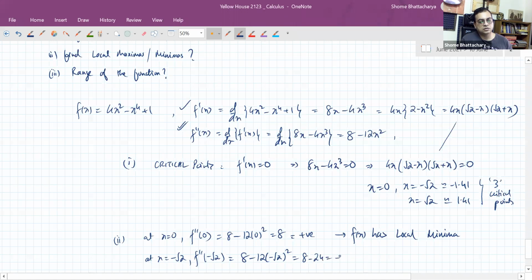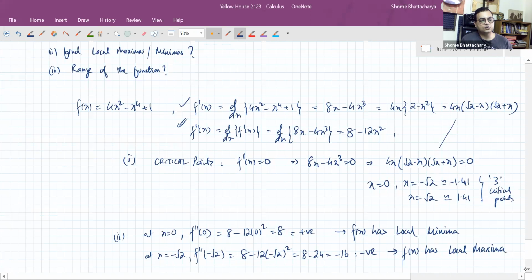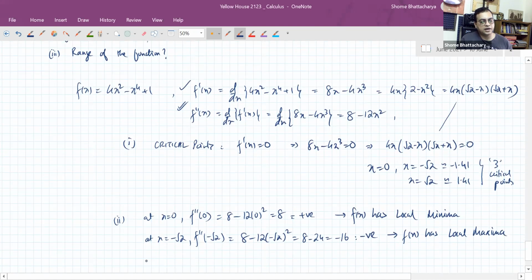So that's minus 16. So it is negative. So that means the function has local maximum. I'll come to the values, but first let's just analyze. And at x equal to root 2, you'll see it's the same thing. Second derivative is negative, means that again the function has a local maximum.